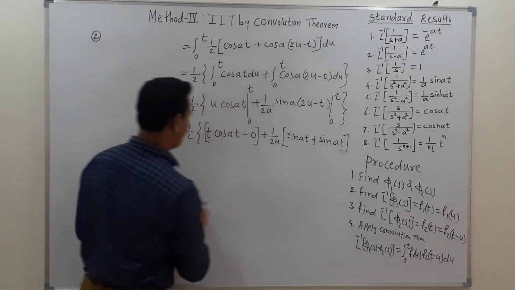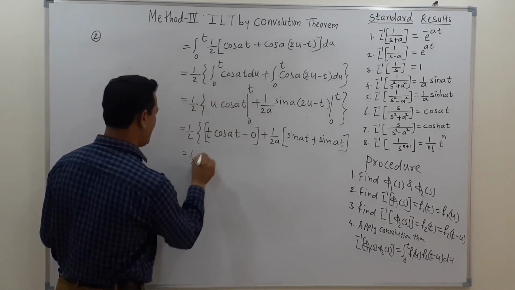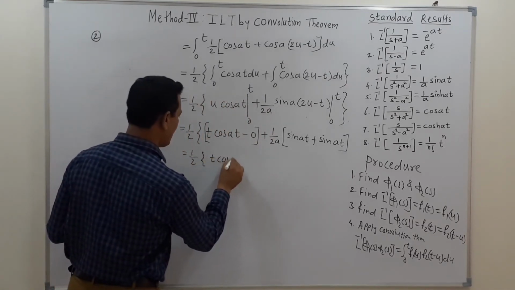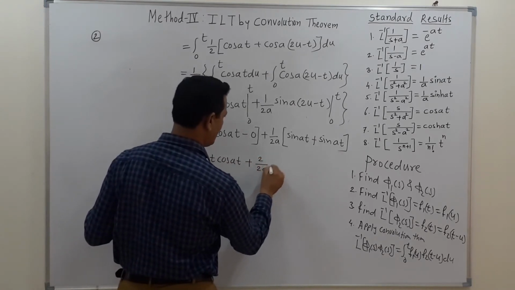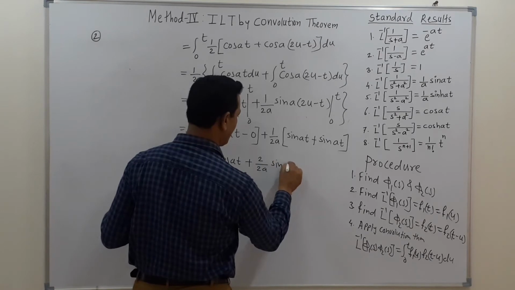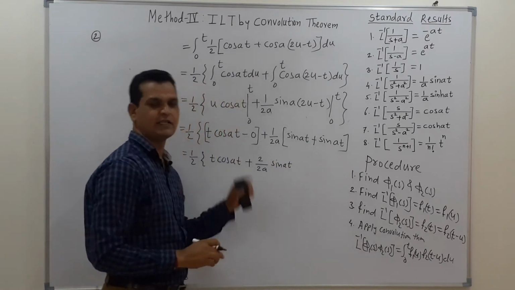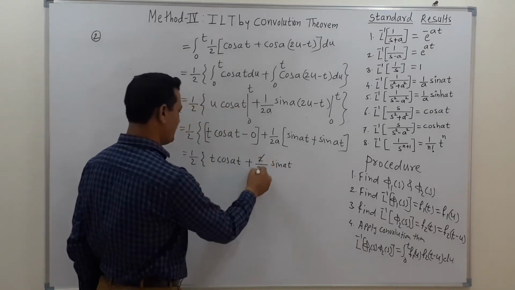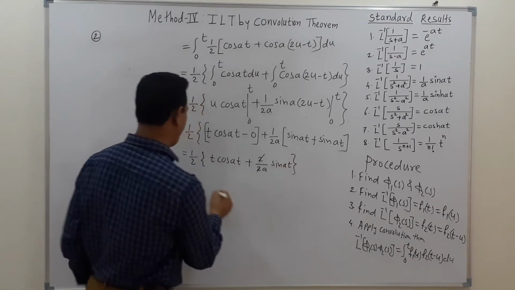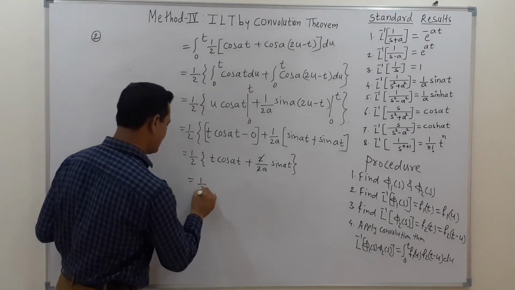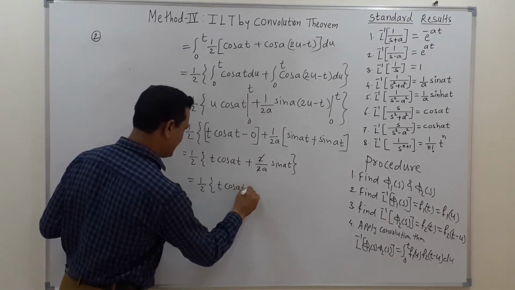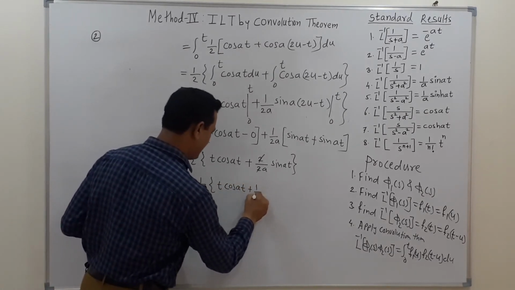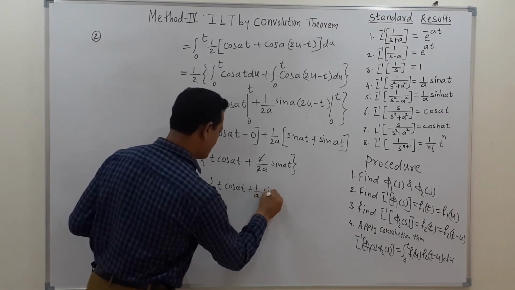Now the next step is, we can write this as 1 upon 2 t cos of at plus 2 upon 2a into sine of at. This 2 will get cancelled and we will reach the final answer as 1 upon 2 t into cos of at plus 1 upon a into sine of at.